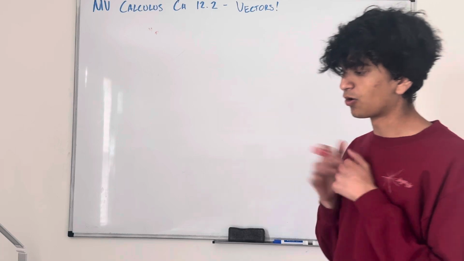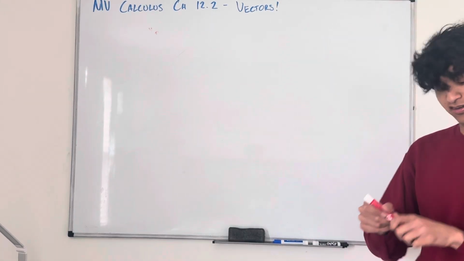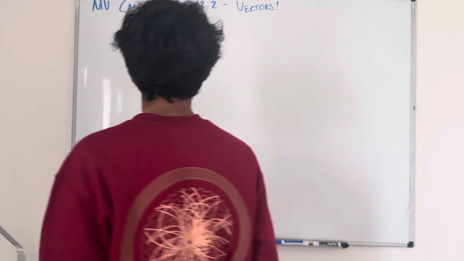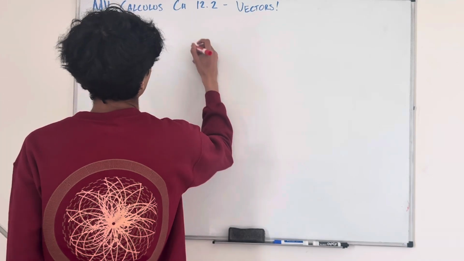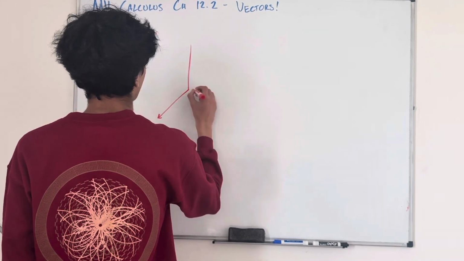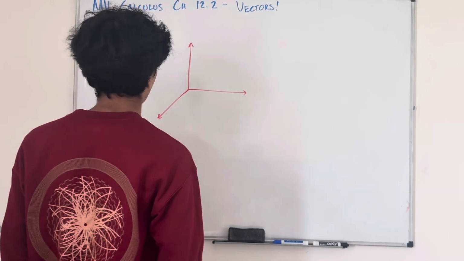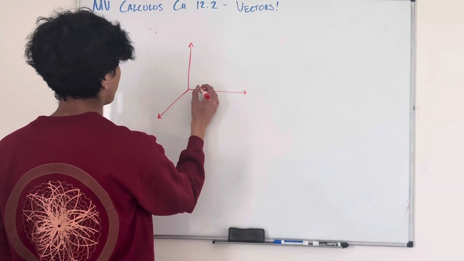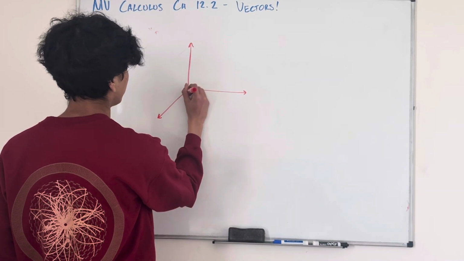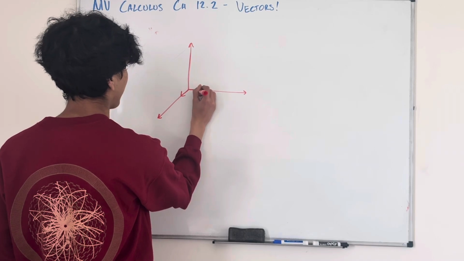Another quick thing I want to just touch on is the idea of your standard basis vectors. So I erased the coordinate system. I guess I'll just draw it again. With your coordinate system, another way you can represent vectors is, you have these standard vectors that are unit vectors, which means they have a magnitude of 1.